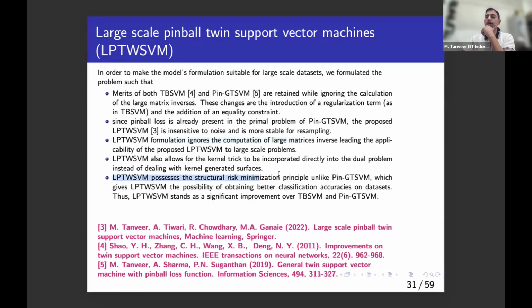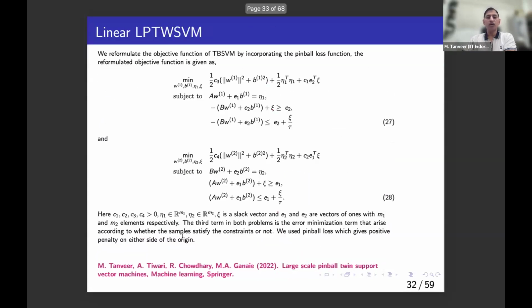And the SRM principle is implemented, and that improves the performance of the algorithms on the data sets. More information about this can be found in a paper published in Machine Learning, Springer. If you're interested to read more, please go through this paper.